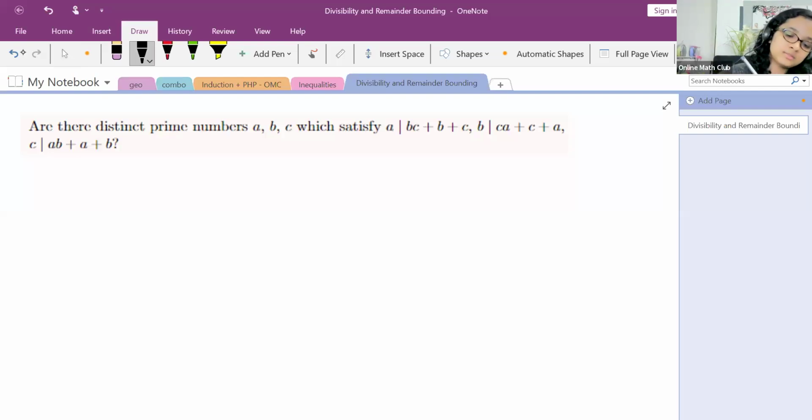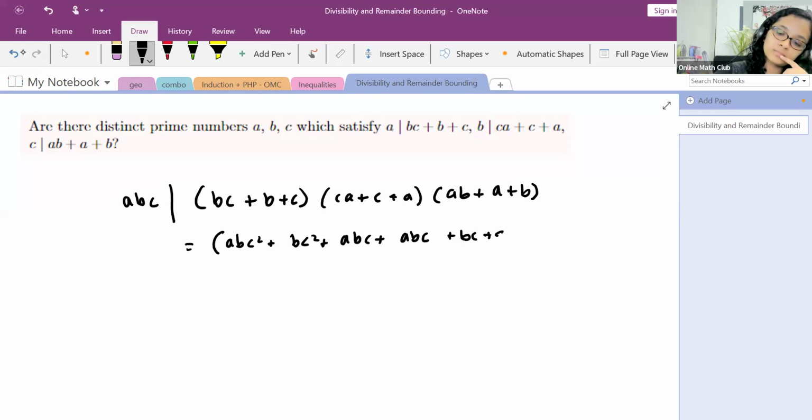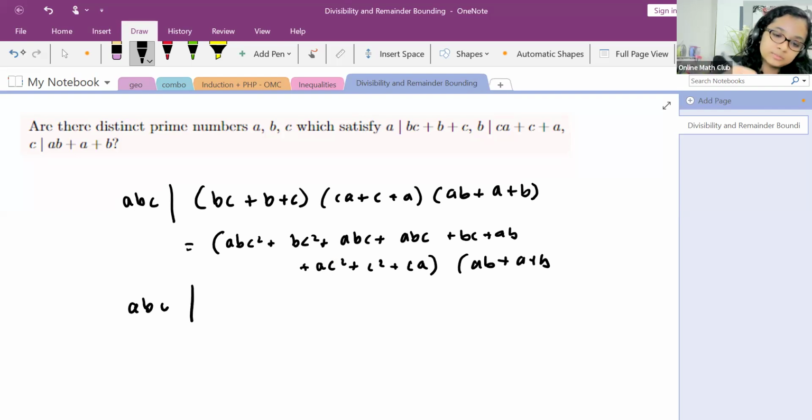Okay, we can try that. So we can directly remove all the ABC divisible terms.